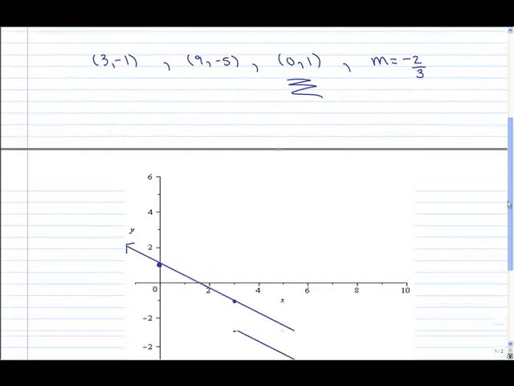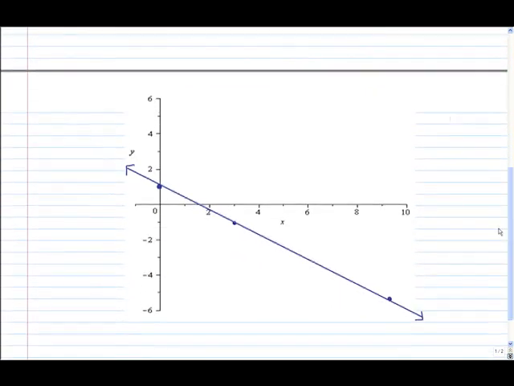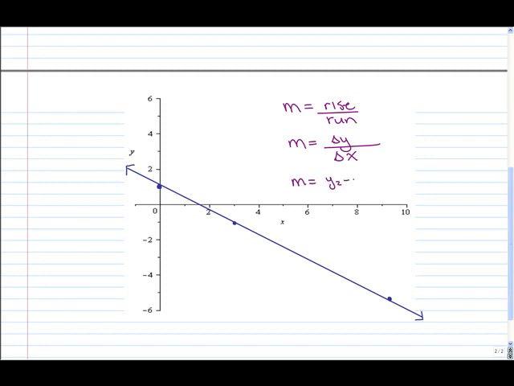So here we have 2 points, and remember that slope is equivalent to rise over run, where rise is just simply the change in y, and run is just simply the change in x. The change in y is y2 minus y1, and the change in x is x2 minus x1.